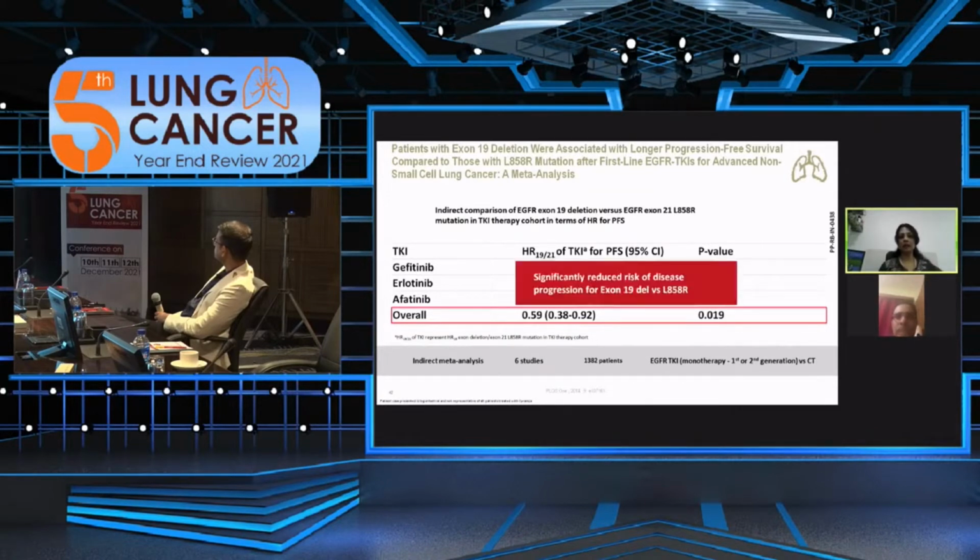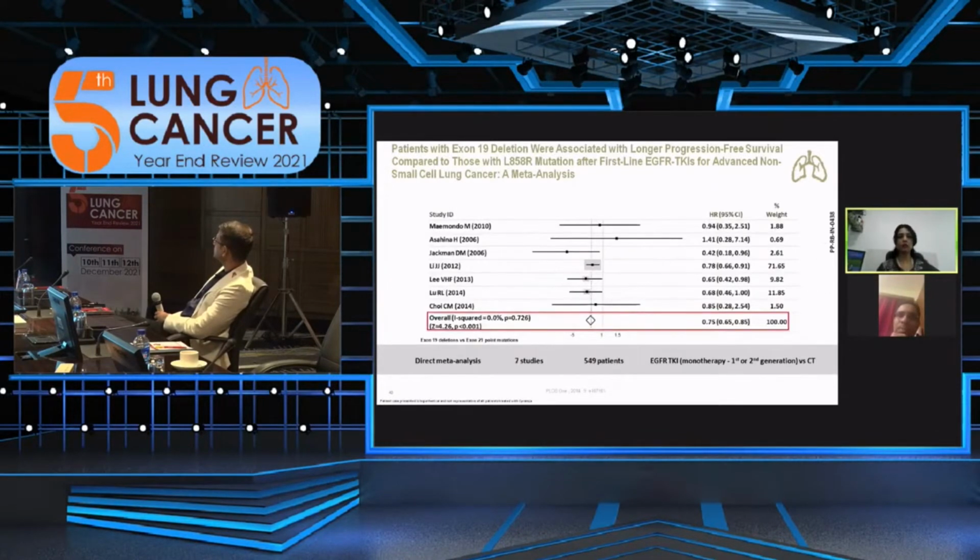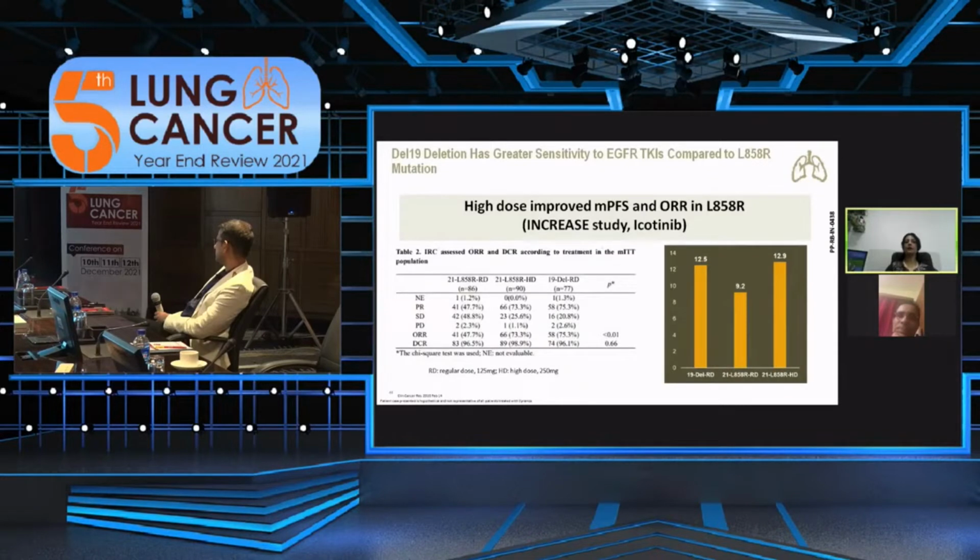We have significantly reduced risk of disease progression for exon 19 versus L858R. Again, a similar theme, showing different trials and hazard ratios with advantage to exon 19 versus L858R, with progression risk lower in 19 and higher in L858R.